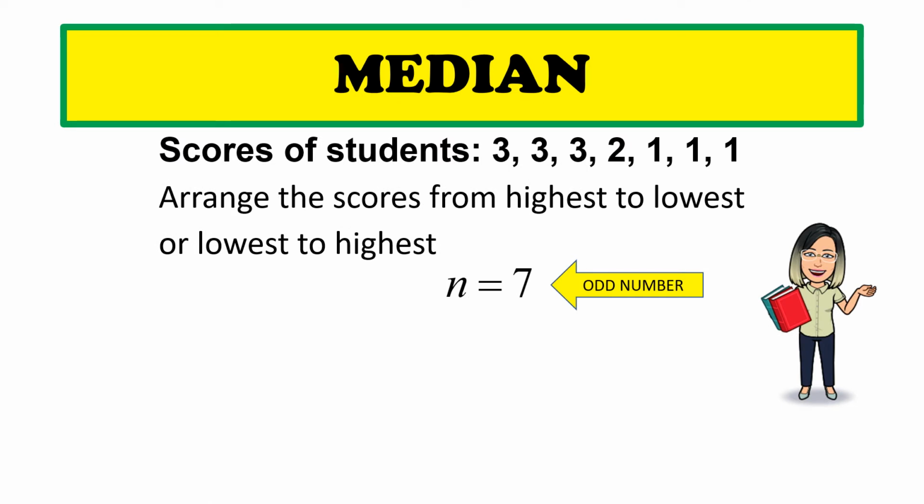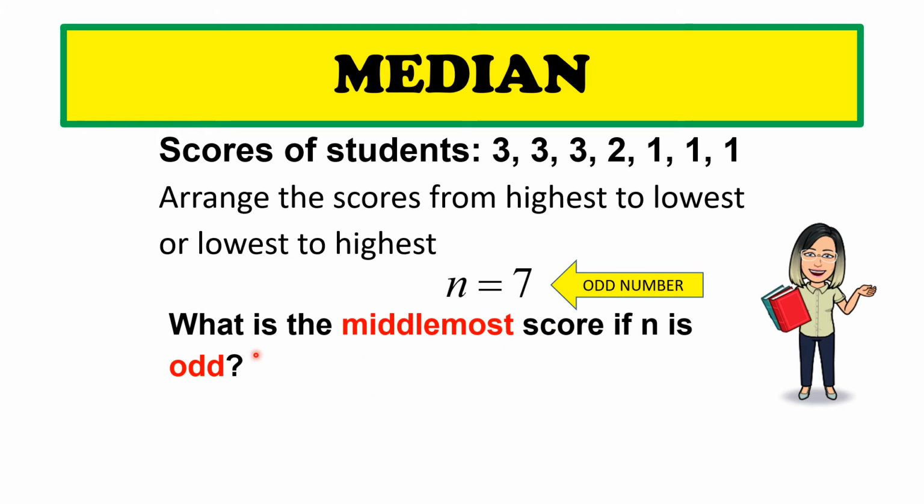So we have the scores of students: 3, 3, 3, 2, 1, 1, 1. Arrange the scores from highest to lowest or lowest to highest. N is 7 and n is an odd number. What is the middlemost score if n is odd? So the middlemost score is 2.